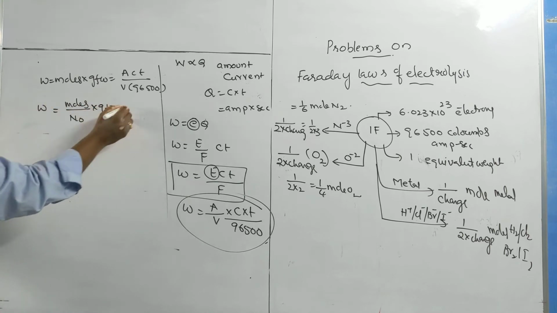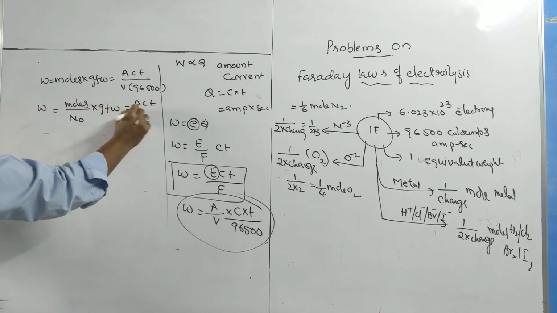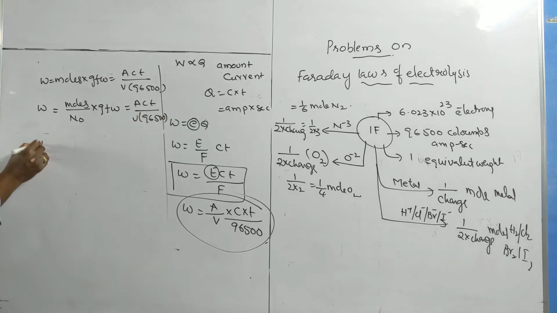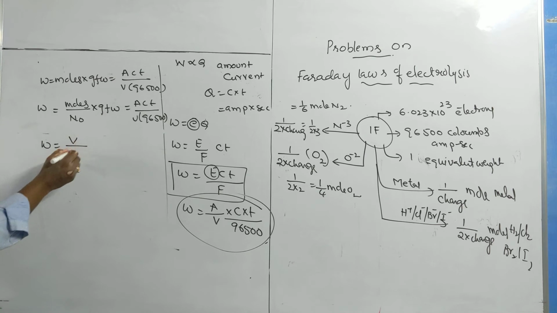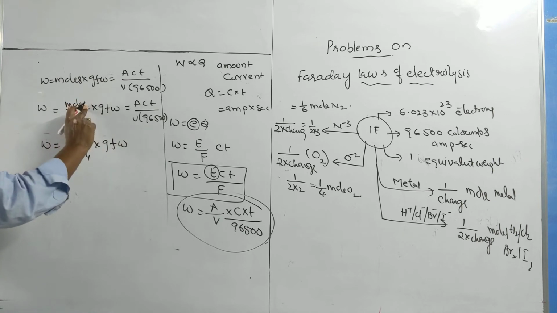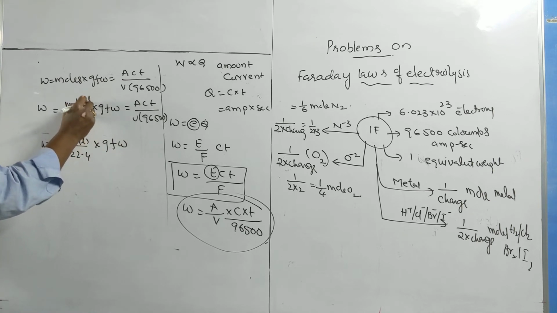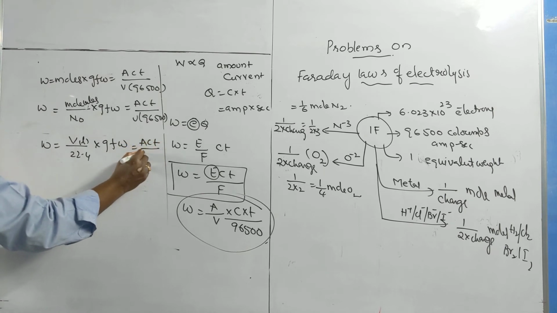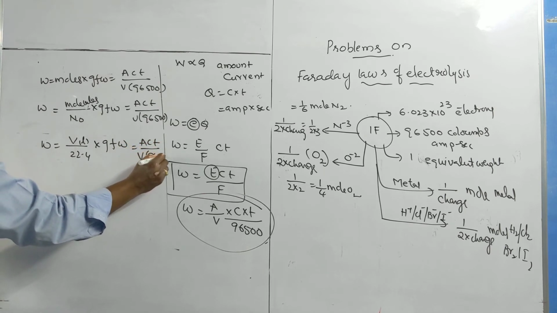This gives the weight, which is equal to ACT by V into 96500. Or sometimes we are given volume: volume in liters by 22.4 gives moles, into gram formula weight, which is equal to ACT by V into 96500.